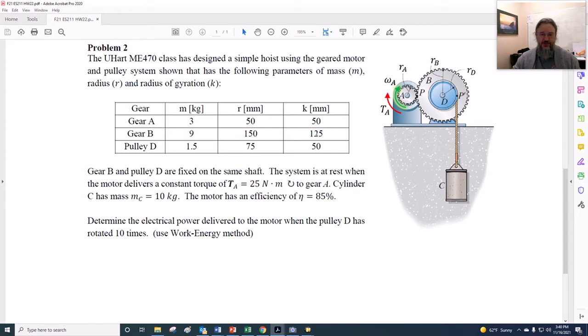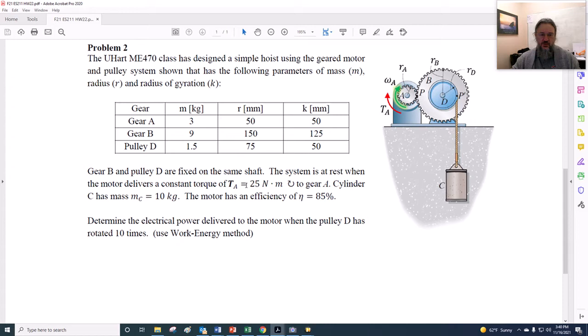So actually its radius of gyration is smaller than just being a disc. And then the pulley is 1.5 kilograms, so it's not much, and its radius is 75 and its radius of gyration is 50.